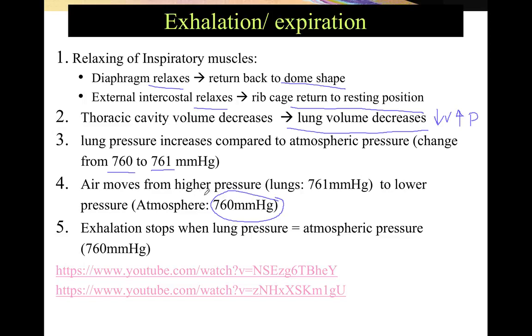So air moves from a higher pressure, 761, to a lower pressure, which is 760. You continue this process until the inside of the lungs and the atmosphere have the same pressure of 760, and that marks the end of your exhalation.